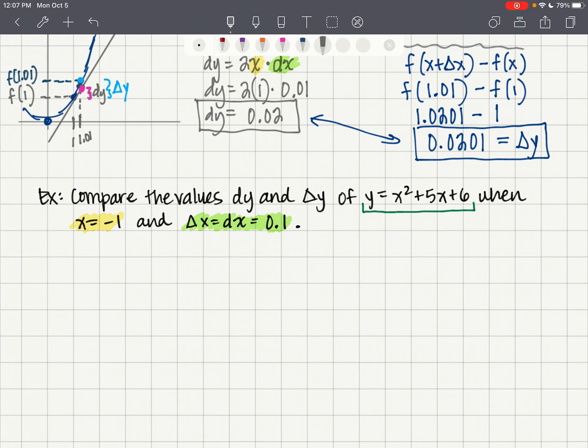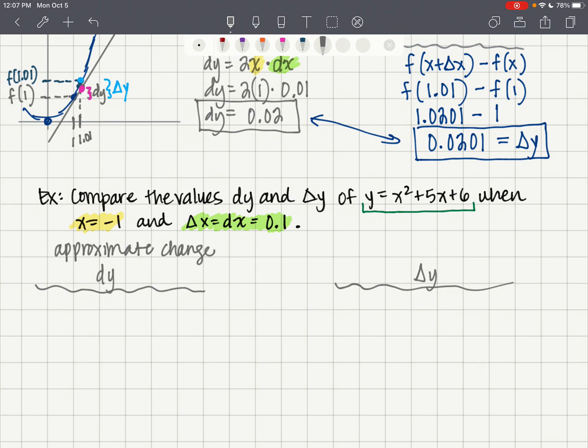Now, hopefully you can maybe hit pause and try this yourself, but if not, you can follow along. We've got dy, and then we're going to have delta y.